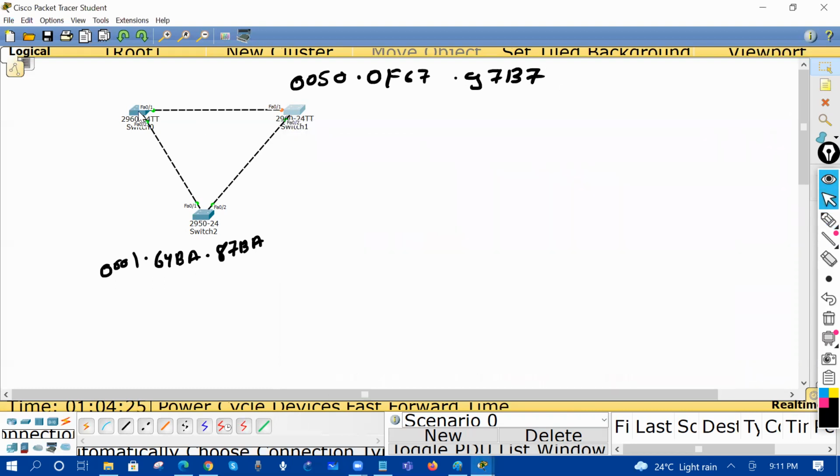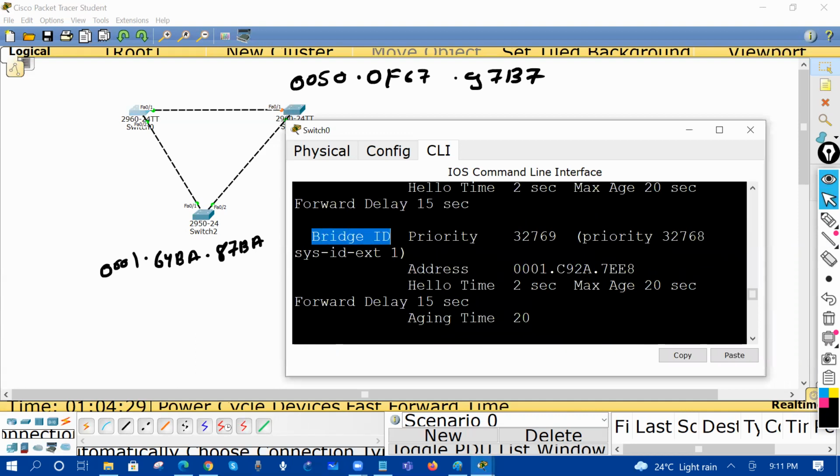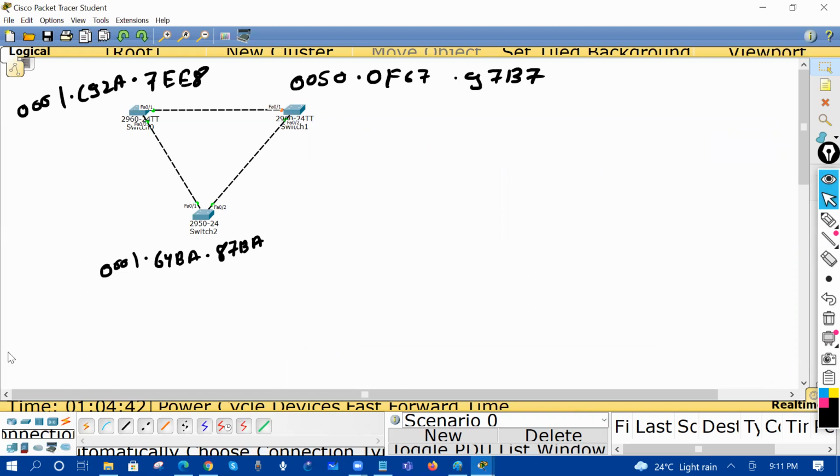And for this one, you need to look at the bridge ID information, because the bridge ID is talking about the switch information. The bridge ID of this one will be 01C9, 2A7EE8. So if you see who has the lowest MAC address, this one has the lowest MAC address. Again, have a look.